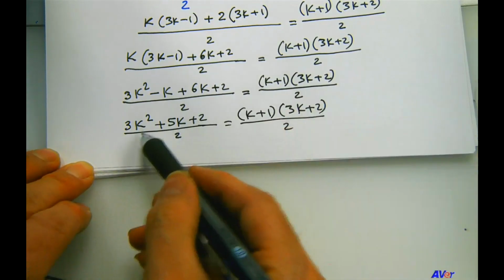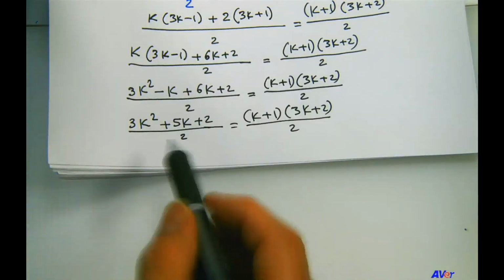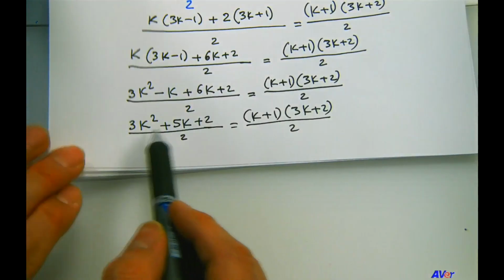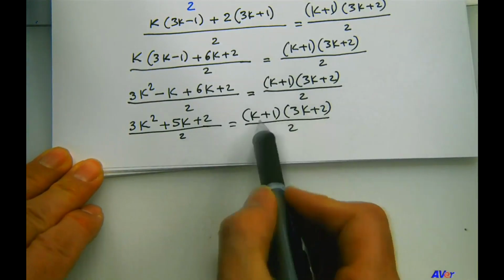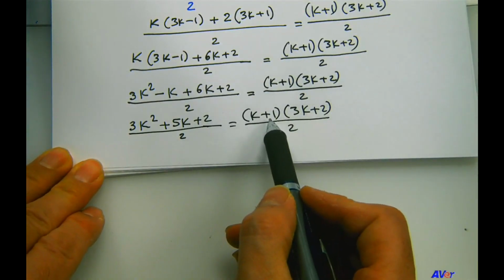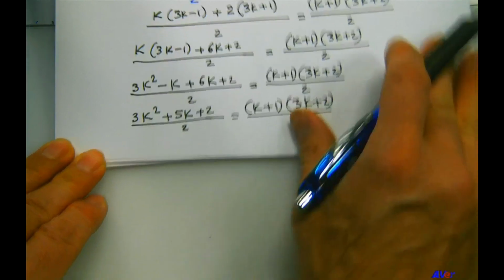Now take a look at the left-hand side. We can factor it. Factor the left-hand side, and we are able to get the same thing we have on the right-hand side, right?